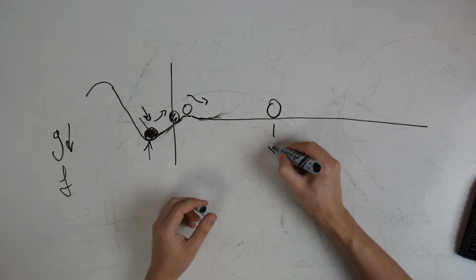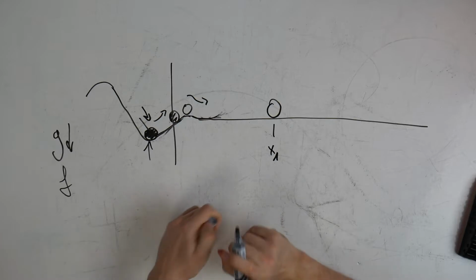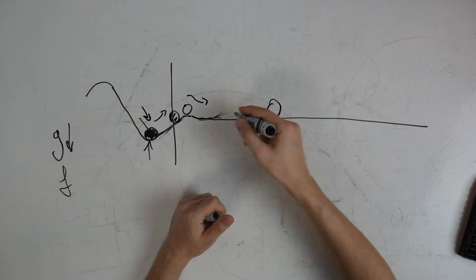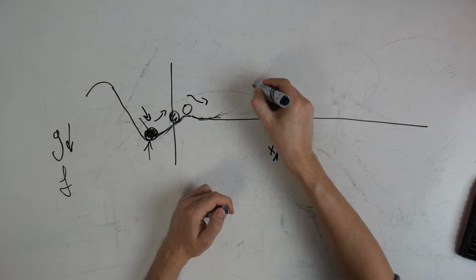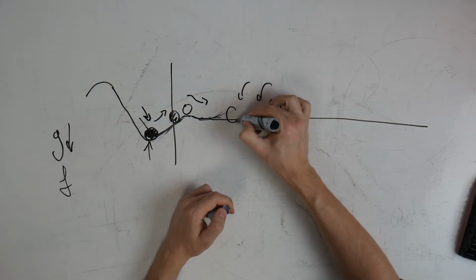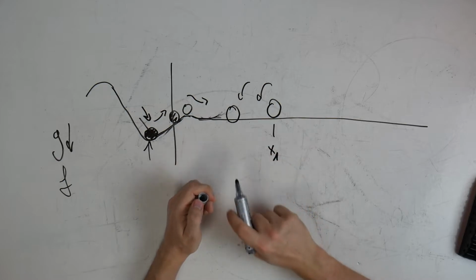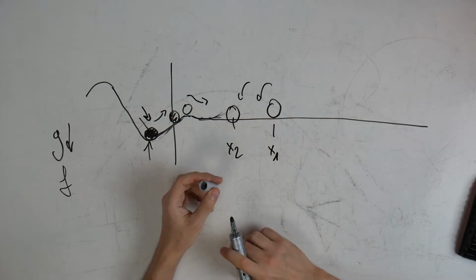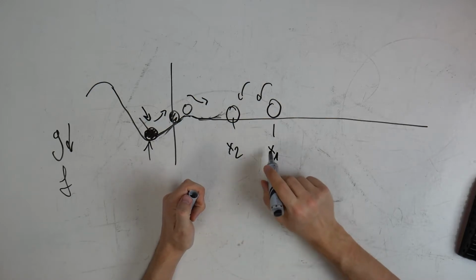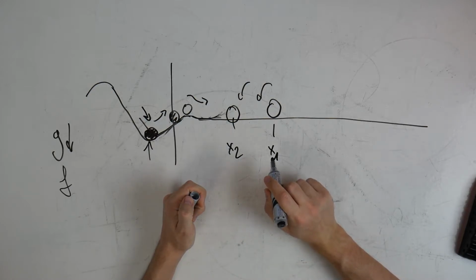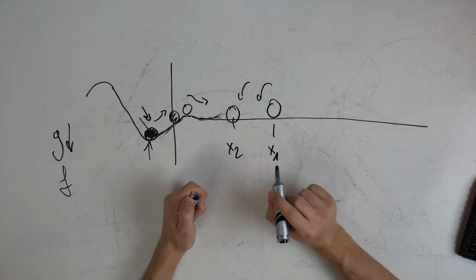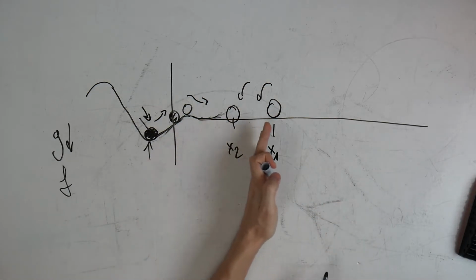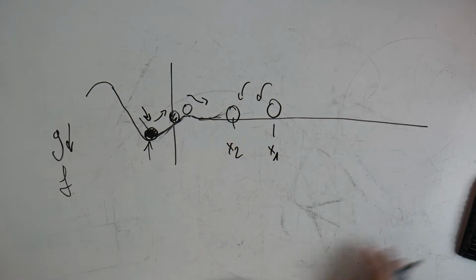But if I mark this point as x1 and then I test for stability, for example, I push it to the left side, it will roll and it will actually stop in the next point. So this is another point. It's not the same. So this point was not stable. It was an equilibrium, but not a stable one. It didn't return to the original point on its own.